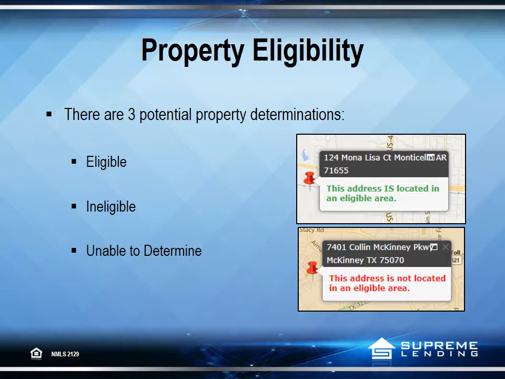You may also receive an unable to determine result if the property is a new construction, contains erroneous data, the website is down, etc. So if you receive a result of unable to determine, you can contact the USDA state office where the property is located for assistance to make the final property determination.